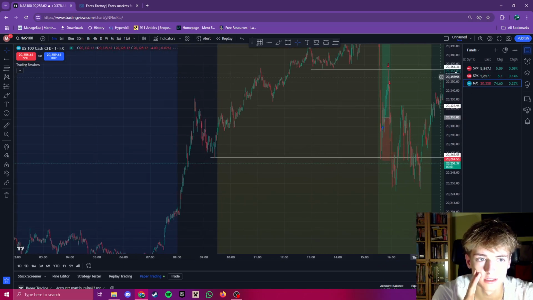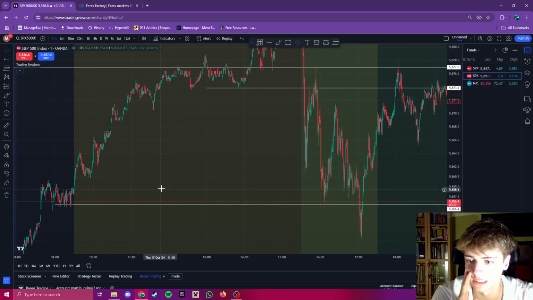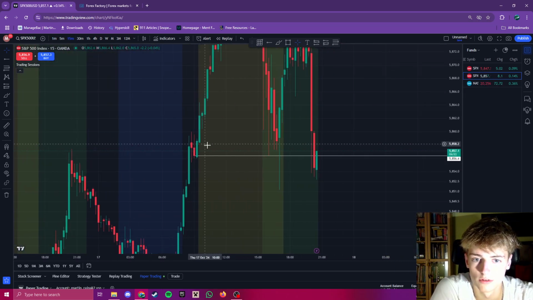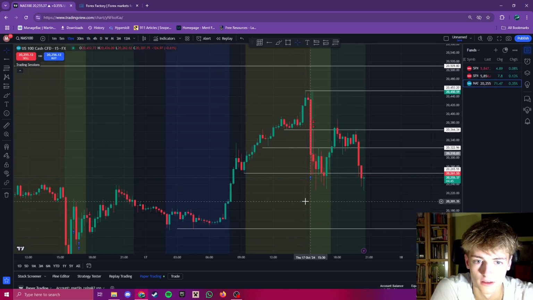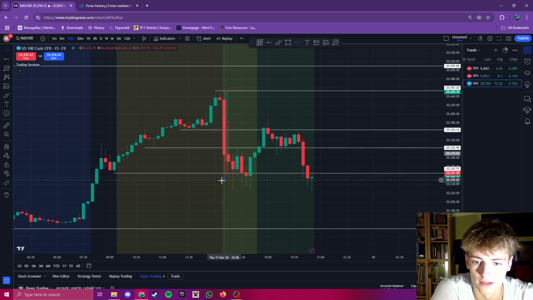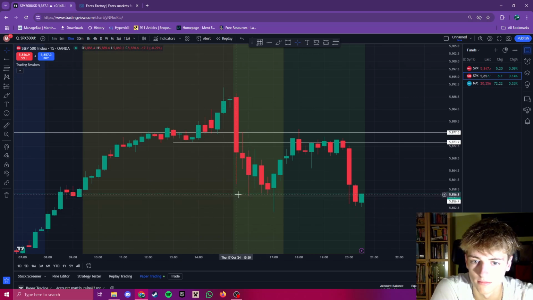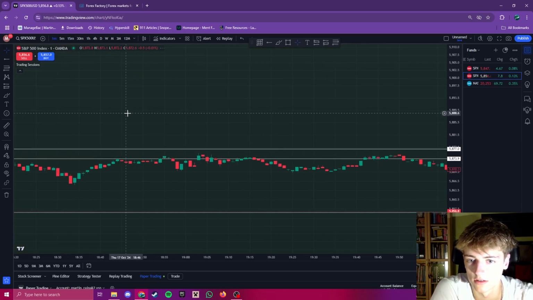And I had already seen that there was, I'm pretty sure, an SMT divergence, because these lows that I marked out before, at that time they hadn't been swept yet, I think. When was that? That was on this candle, 3:30. Yeah, on the S&P they hadn't been swept yet. So I saw that as an SMT divergence, and I entered off this.